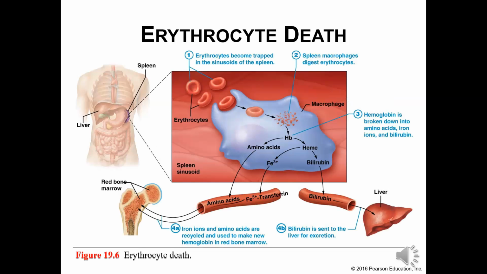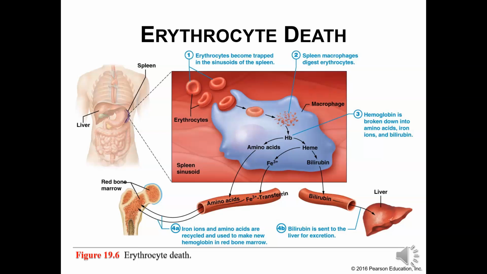So first, your erythrocytes become trapped in the sinusoids of the spleen. The splenic macrophages then digest the erythrocytes and break them up. Hemoglobin then is broken down into its constituent components. Remember, these are polypeptide chains, and so the polypeptides are broken down into their constituent amino acids, and the heme group in the middle of the polypeptide is also broken down.